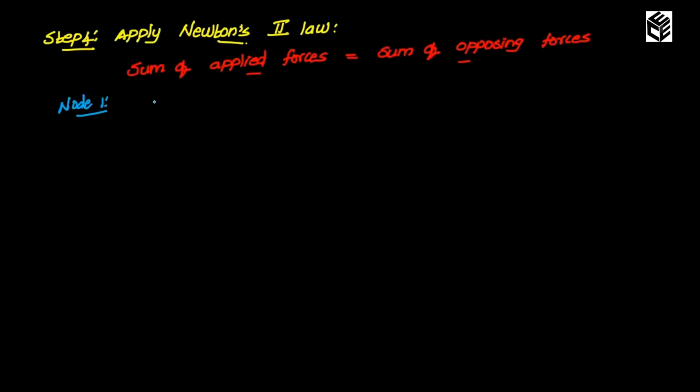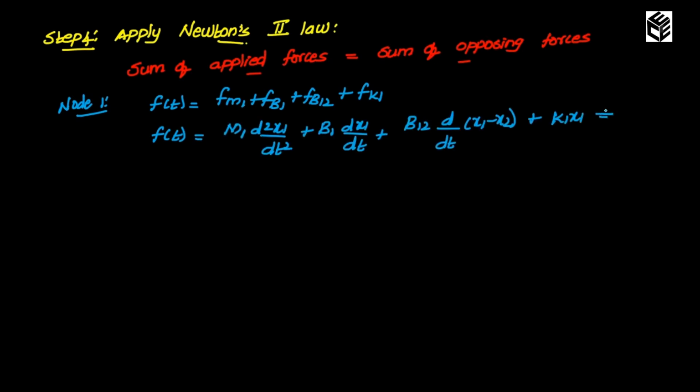So, the equation is f of t is equal to Fm1 plus Fb1 plus Fb12 plus Fk1. So, on applying the values of all the opposing forces, I will get the answer, so I am taking this as equation number 1.